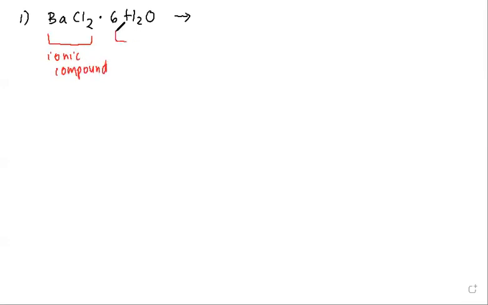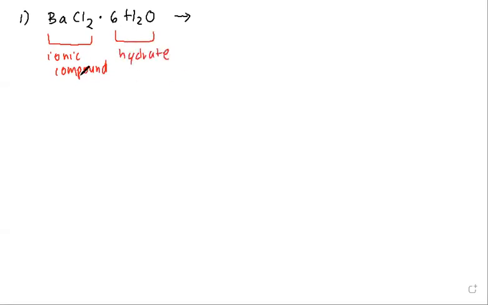Okay, so our first one, we're going to take BaCl2 6H2O and go from the formula to the name. So first thing, this first part is the ionic compound. This part is the hydrate.